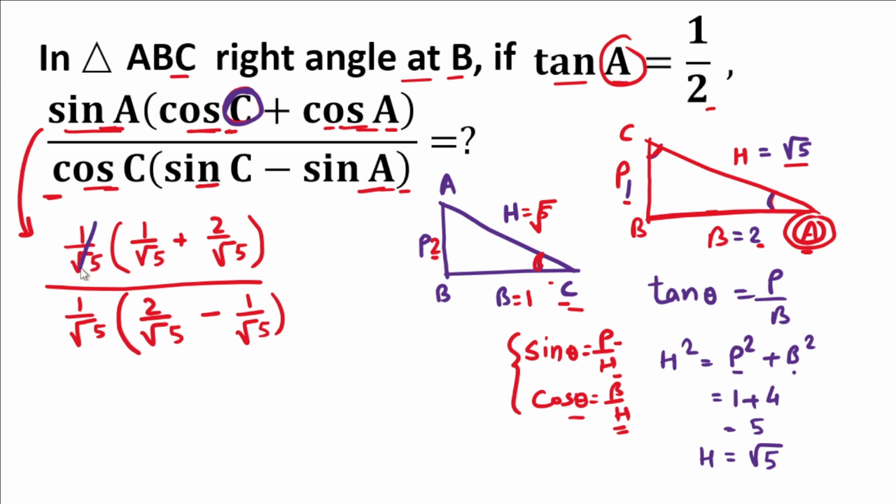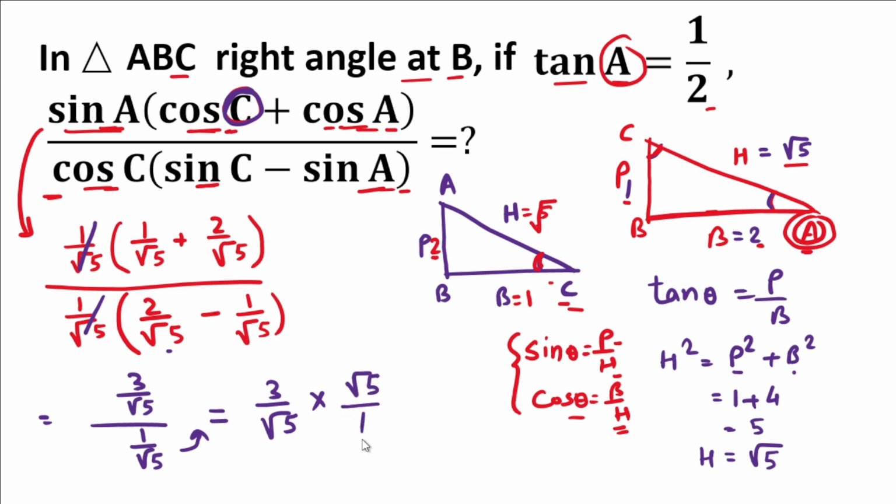Here, 1 over square root 5 in the numerator and denominator will cancel. In the next term, 1 over square root 5 plus 2 over square root 5 is 3 over square root 5, divided by 2 over square root 5 minus 1 over square root 5, which is 1 over square root 5. Now 3 over square root 5 is multiplied by square root 5 over 1.